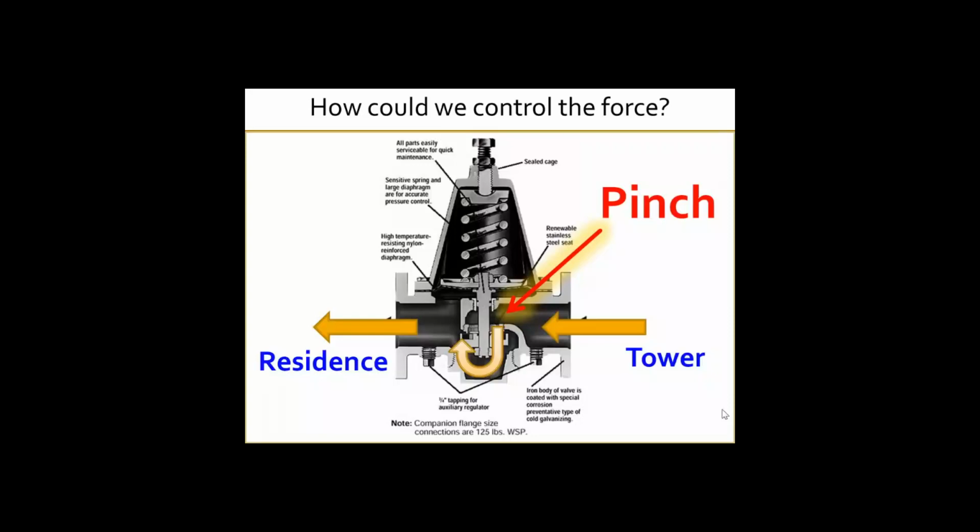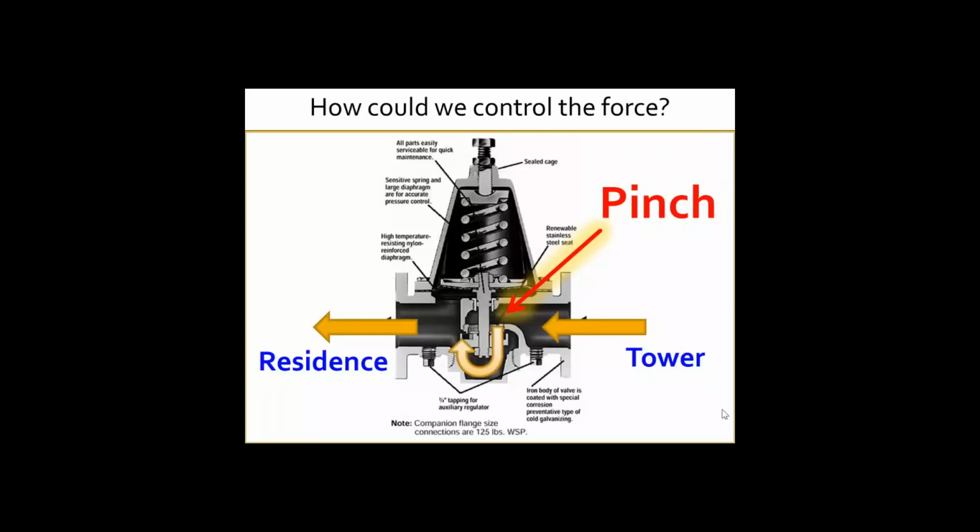But what the regulator does is it senses the water pressure from the residence. In other words, the water comes down from the tower, flows through this valve, and fills up the pipe between the regulator and your house, and as it fills up, the water pressure backs up from the house into this regulator, and it pushes against that spring to close the valve.